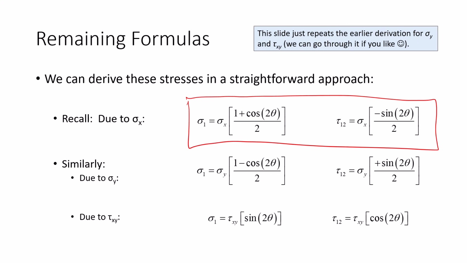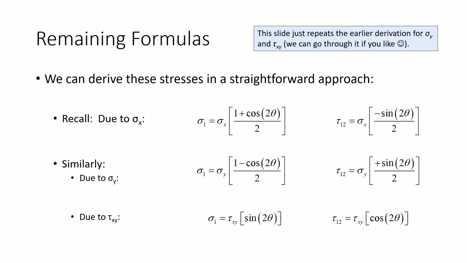Tau 1 2 is sigma x times some trig. So I did the derivation for sigma x. If you are happy to do the derivation for sigma y and tau xy, or you could just trust me that these are right. You tell me. Can we do it? These are correct.